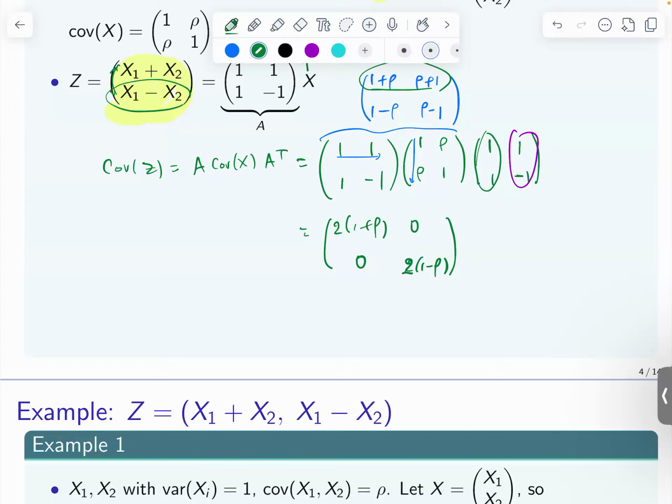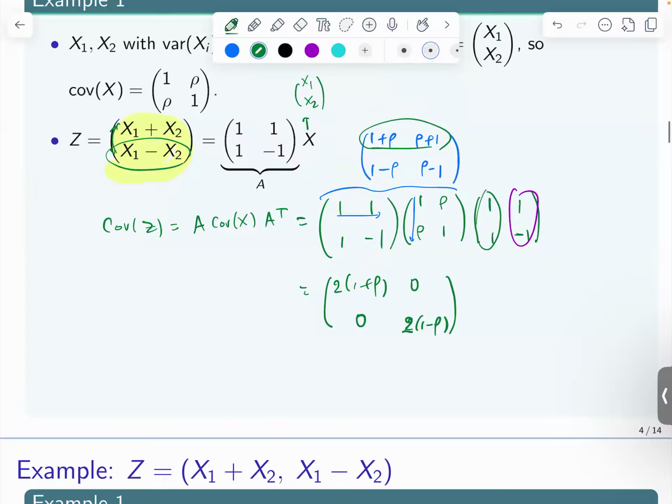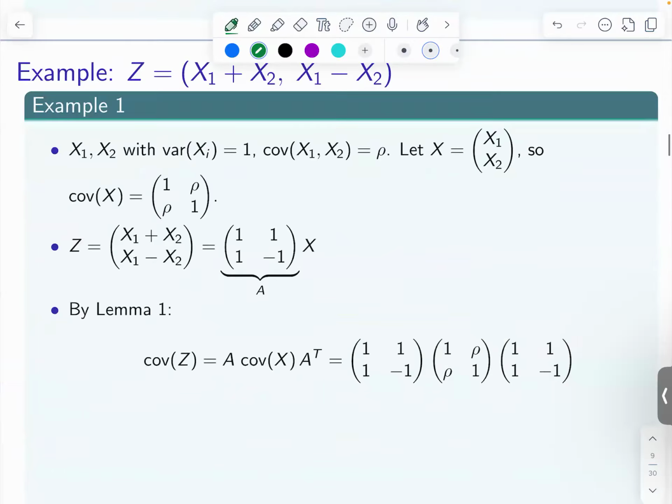If you just wanted one of them, it might be easier to use linearity directly. Everyone happy with this? You can do many examples of this. This doesn't have to be 2 by 2, I could have defined, I don't know, a 4 by 2 matrix, whatever. Any linear transformation to get any coordinates and the tools would work.